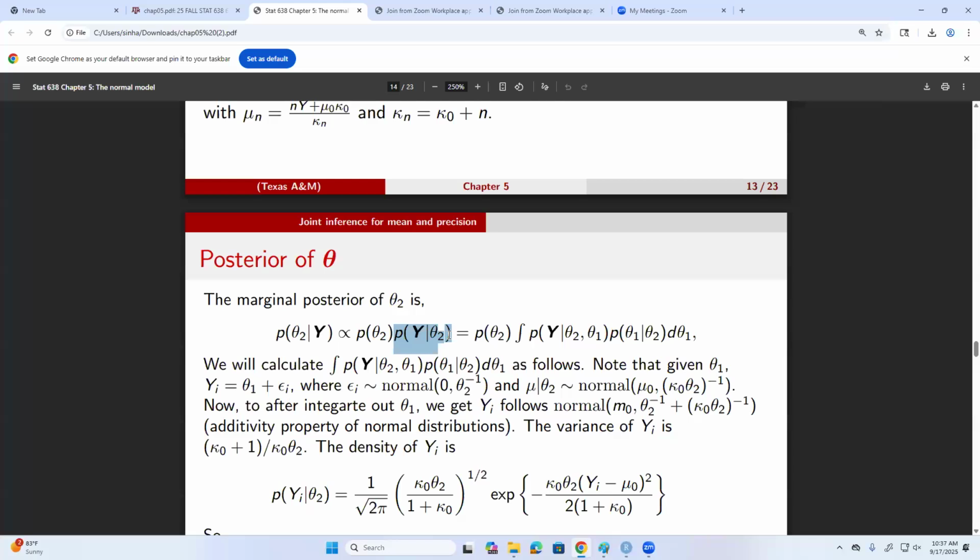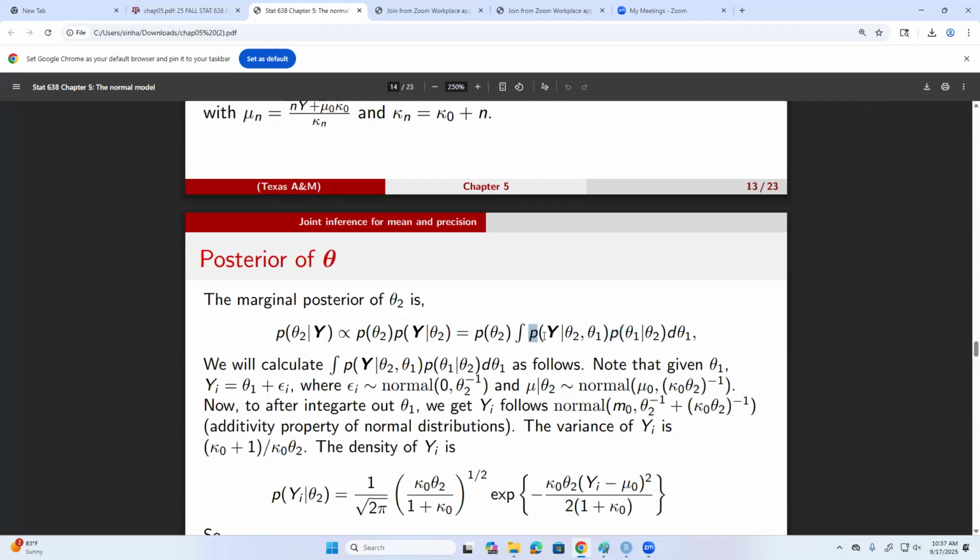So I have already integrated out theta 1. And how do you get it? P of theta 2 is fine, which is a gamma density. But to obtain the marginal likelihood only in terms of theta 2, you need to integrate theta 1 with respect to its prior distribution.